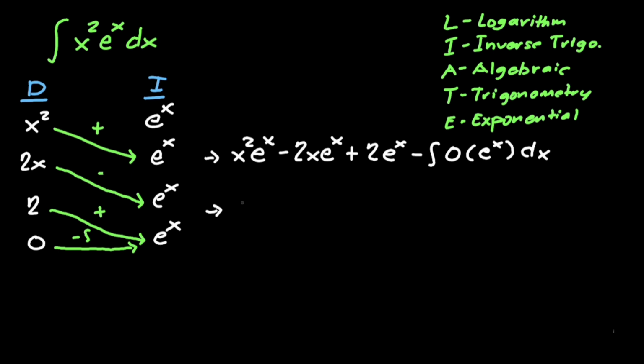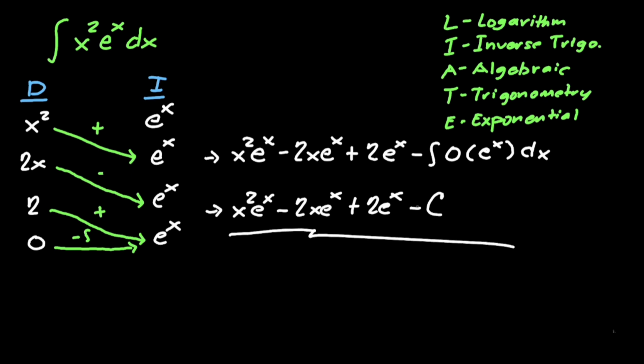So the final answer would be x squared e raised to the power of x minus 2x multiplied by e raised to the power of x plus 2 e to the power of x minus 0 multiplied by all of this is 0. So the integral of 0 will simply be a constant. Just add plus c in here.